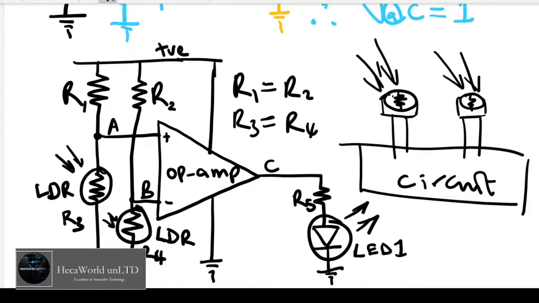So when R1 and R2 are equal, and R3 and R4 are equal, the output will be high.